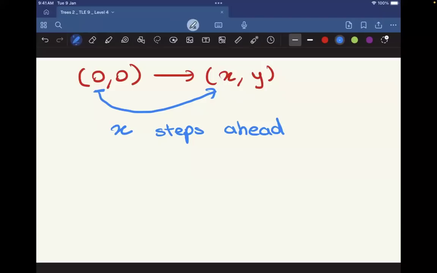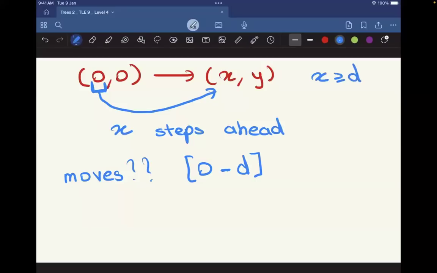Like if I only did operations on this X axis, let's forget Y axis for now. Let's say it was only X. So how many moves would it require if on each move I can go anywhere from 0 to D steps ahead? Now, guys, if you don't know about this, this is very simple. Do you agree that till X is greater than or equal to D, I will just do X minus equal to D. And after that, when X is smaller than D, then it is just 1. Yes or no, guys?